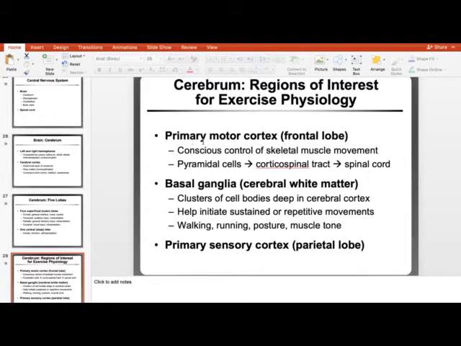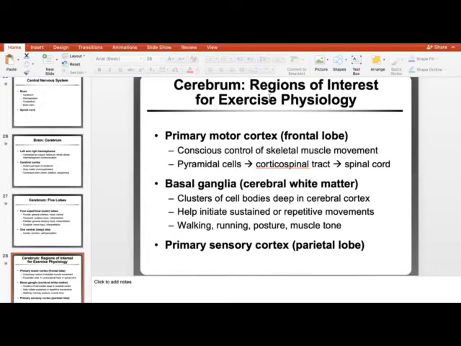In any event, the conscious control of skeletal movement comes from your frontal lobe, from the primary motor cortex. It starts with action potentials and then travels down a series of related neurological parts that eventually terminate in the spinal cord, and those action potentials crisscross through the spinal cord and go down to the peripheral nerves and eventually to the muscles.